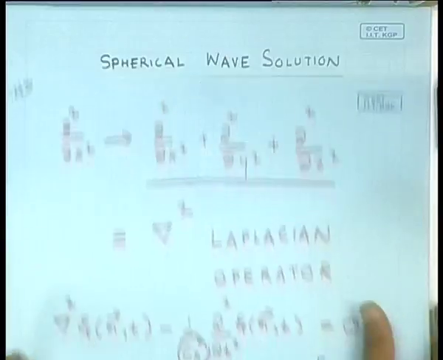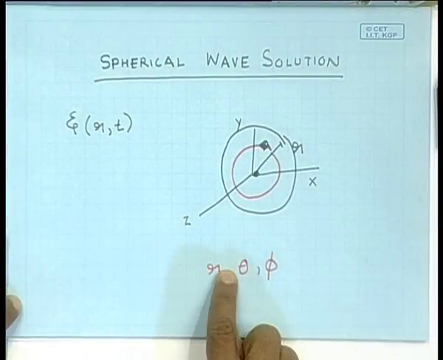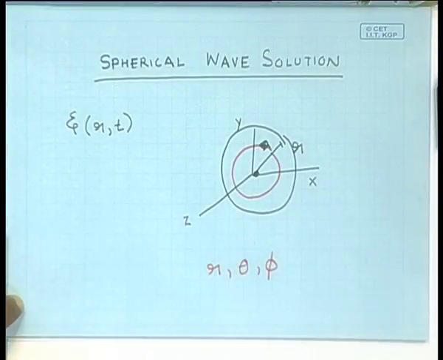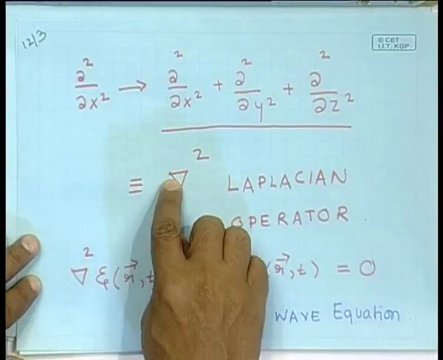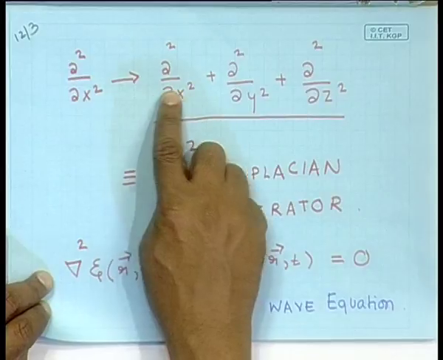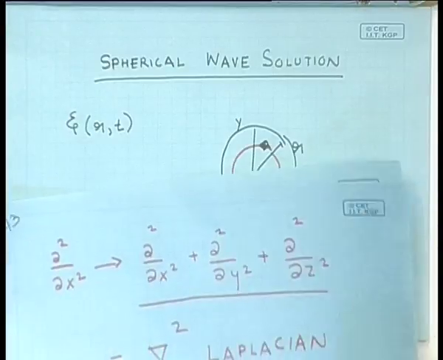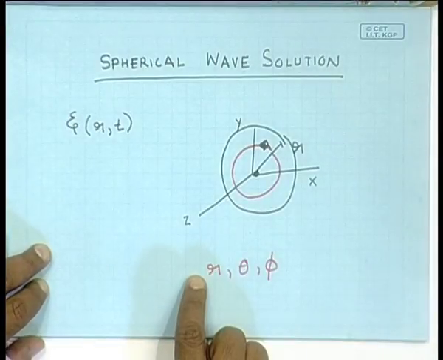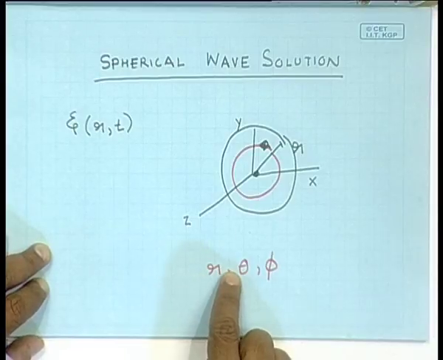When you go over to this spherical polar coordinate system r, theta and phi, you have to represent this Laplacian operator in terms of derivatives not with respect to x, y and z, but with respect to r, theta and phi.